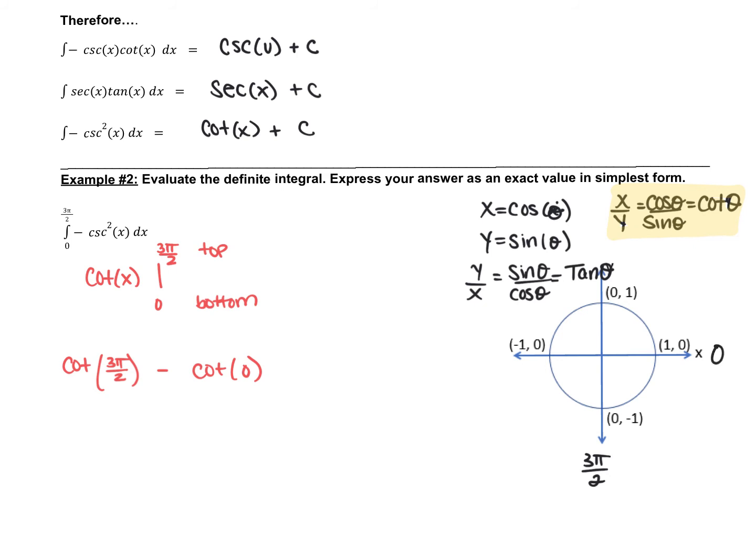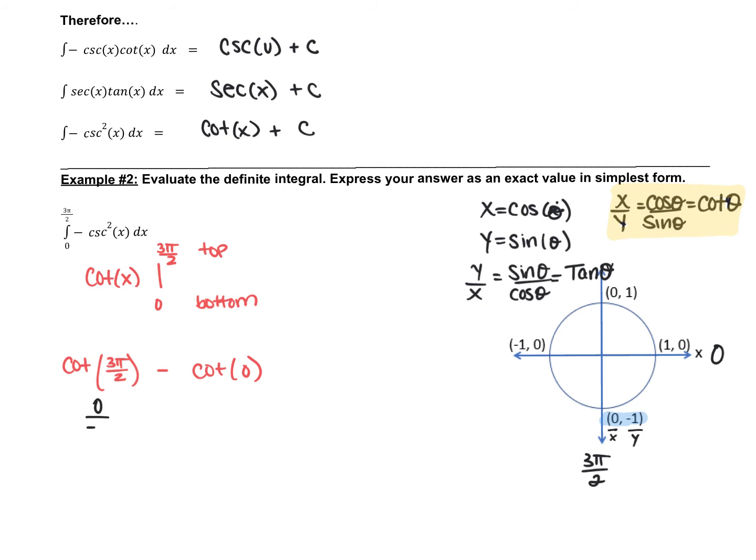Okay, so now if we're looking for cotangent of 3 pi over 2, we have to look at this point, so I'll highlight it in blue. And we need to divide the x value by the y value to get cotangent. So the x value here is 0, and the y value here is negative 1.